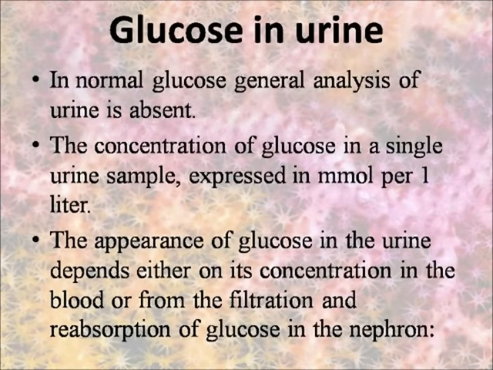In a normal general analysis of urine, glucose is absent. The concentration in a single urine sample is expressed in millimole per liter. The appearance of glucose in the urine depends either on its concentration in the blood or on the filtration and reabsorption of glucose in the nephron.